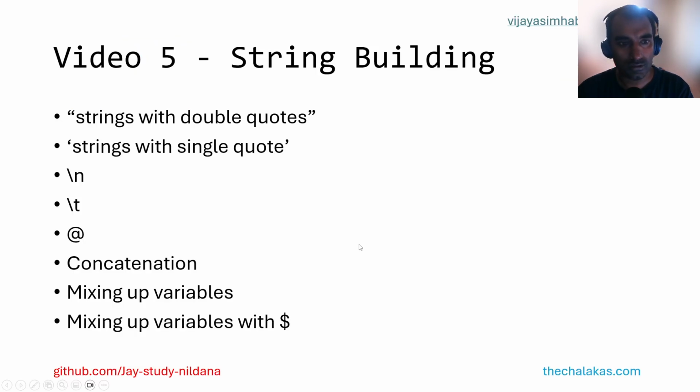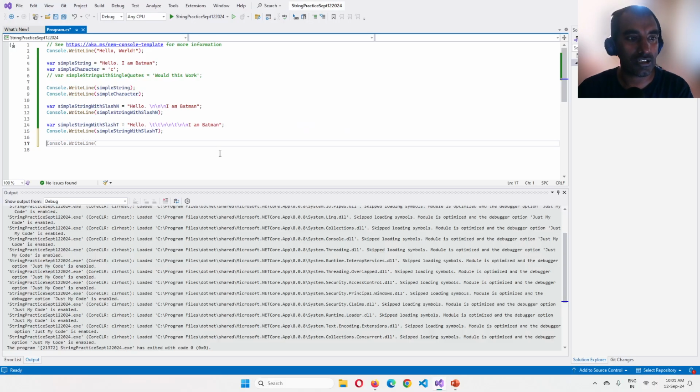So let's keep going here. That's the next thing. Let's see what happens when you use the @ symbol. Now there is an option here. You can create strings using the @ symbol. So let's go ahead and say simple string with the @ symbol is equal to, now I'm going to say @, and then I am going to say hello, how are you, I am good, what about it?